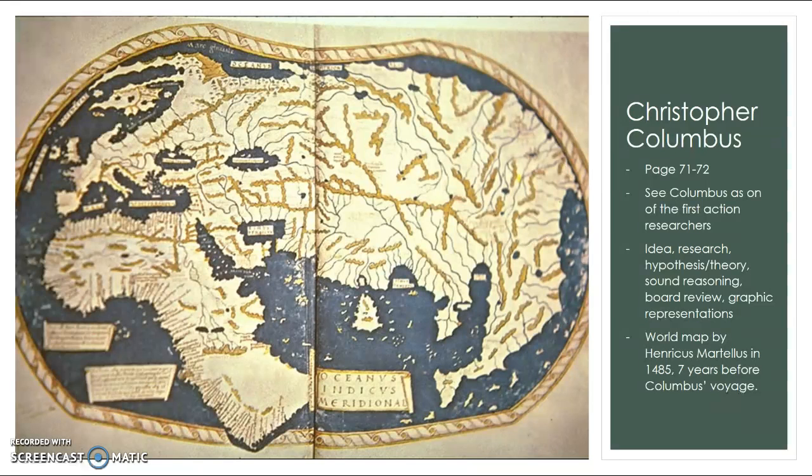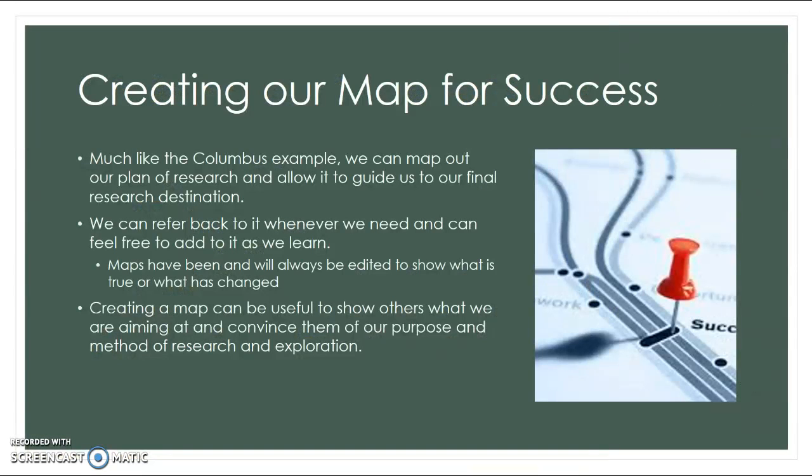It's probably a map that they think he may have used to show the king and queen where he was going, since he knew the earth was round and knew the travels of Marco Polo, so he could recreate the same path and go on his venture.